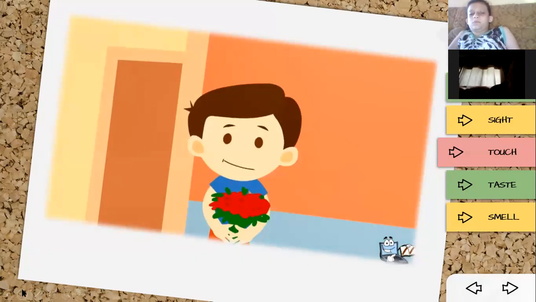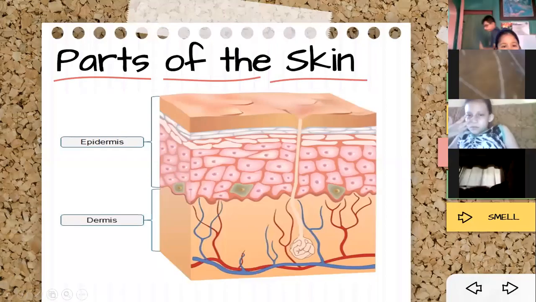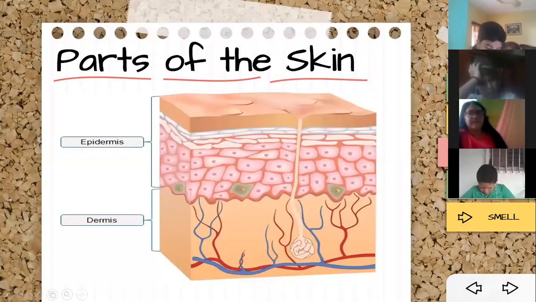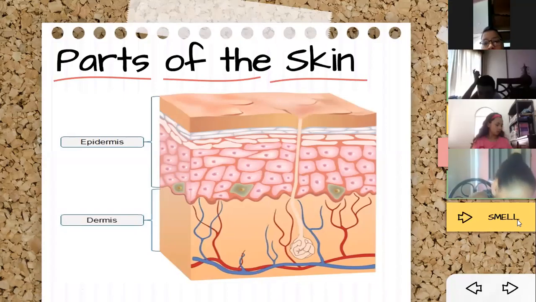Okay, so as you can see in the video, guys, we have 3 parts of the skin. We have the epidermis and the dermis, that are the 2 outside parts of the skin. So the dermis is the layer that is underneath.